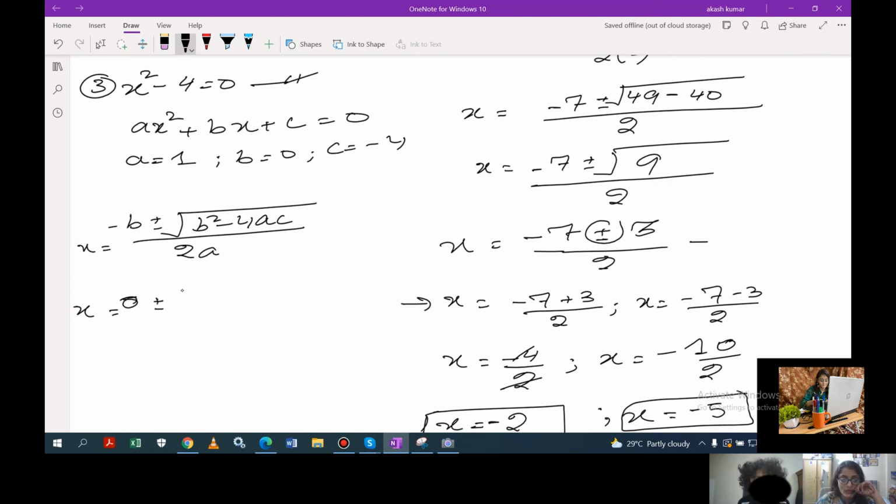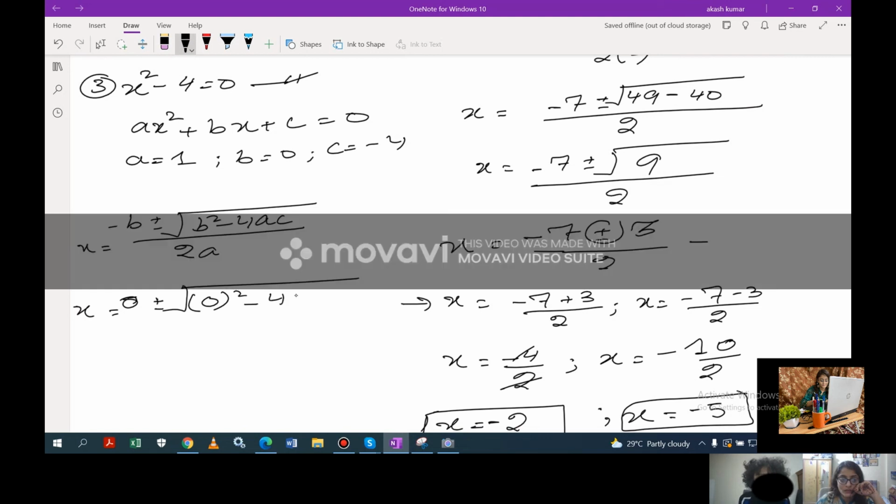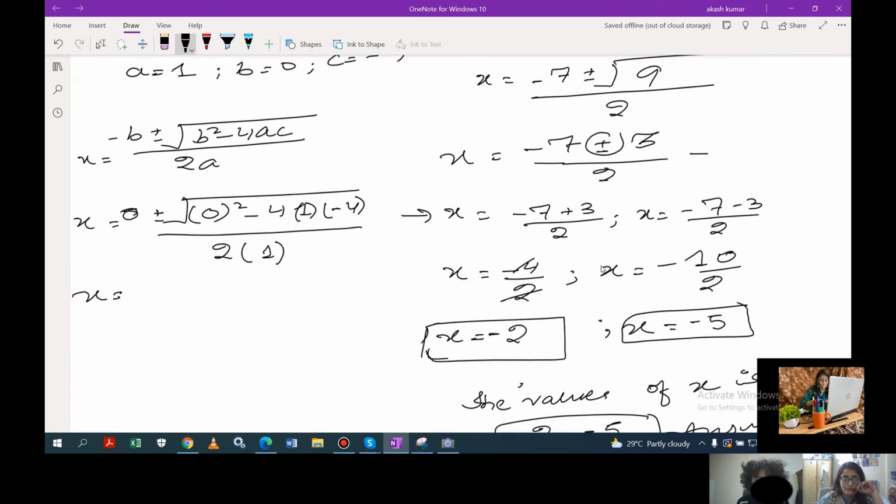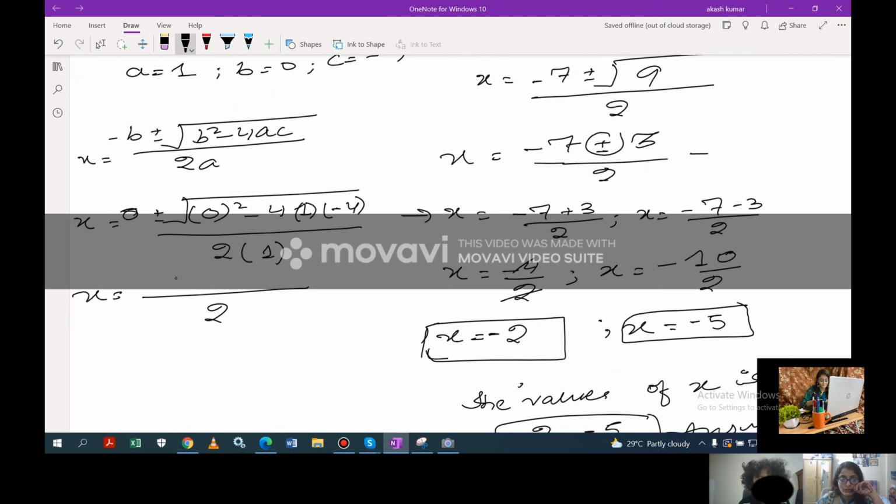So let's write 0. b square is 0 square minus 4, a is 1, c is minus 4, over 2, a is 1. 2 times 1 is 2. 0 square is 0. Minus minus is plus.